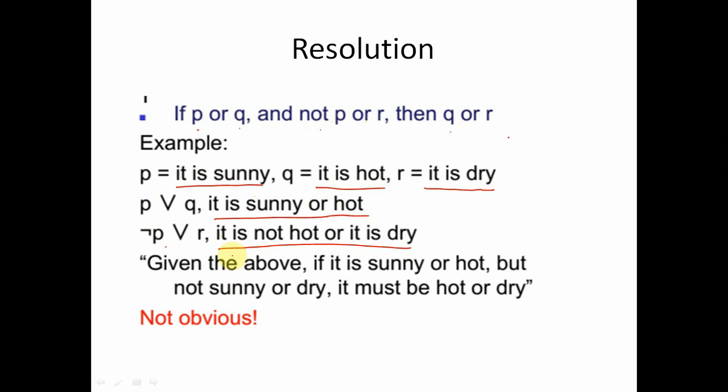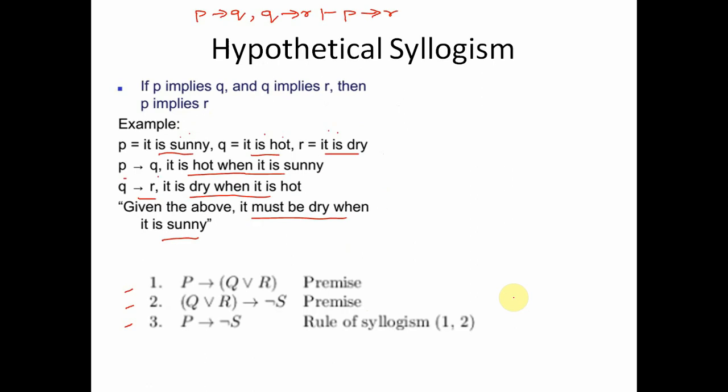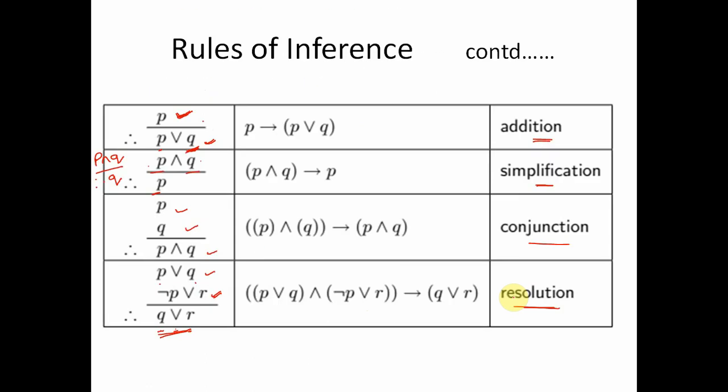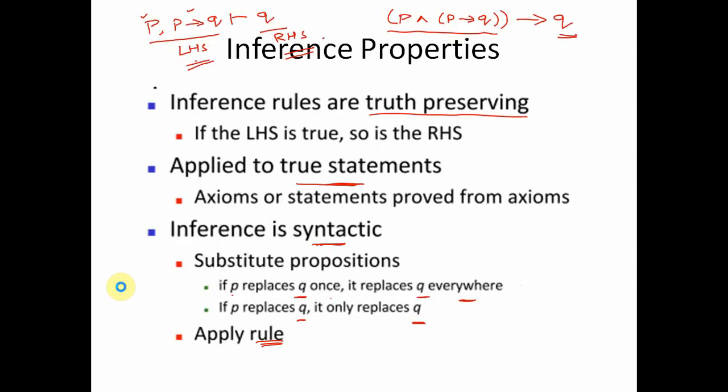Given the above, the propositions say if it is sunny or hot but not sunny or dry, it must be hot or dry, right?